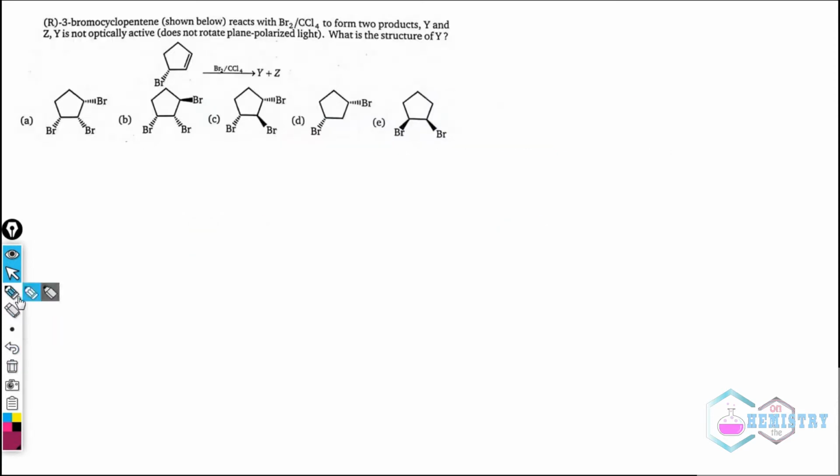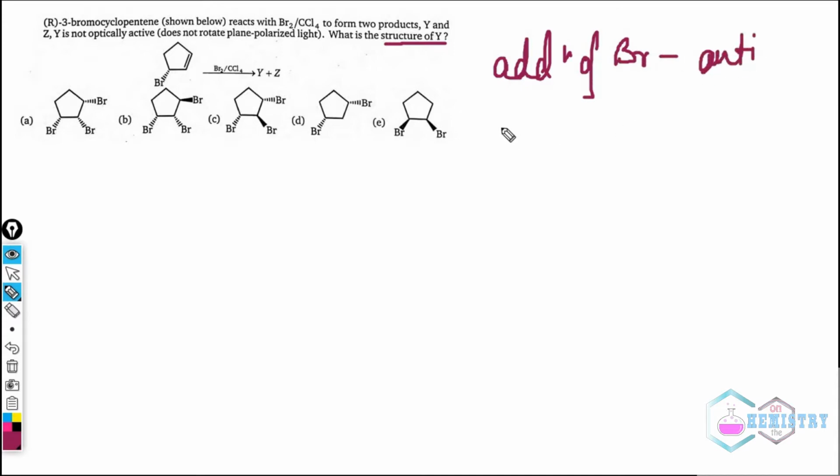Now the first question is very simple. It has been asked that if we react this compound with bromine and CCl4, the product will be Y and Z, while Y is optically inactive, and we need to find the structure of Y. First of all, the addition of bromine is always anti.